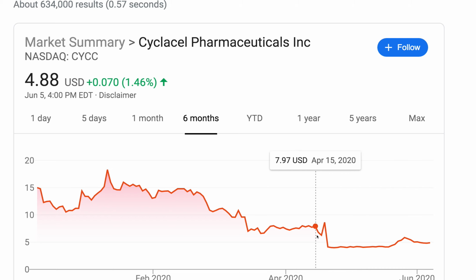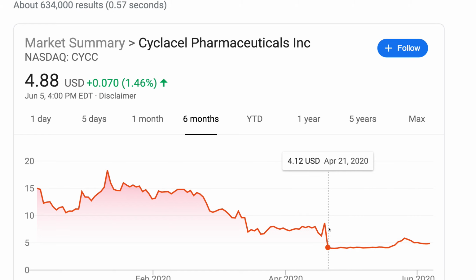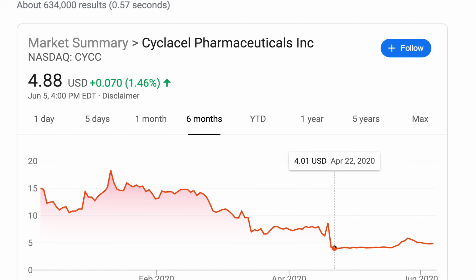So look for the reverse split, the pump and PR, followed by the offering the next day, or the same day sometimes when they're really ruthless, followed by a huge gap down to near the price of the offering. And the situation I like the most is when the price settles way below the offering. So someone just recently with big money, an institution, is buying shares at a higher price than you can.